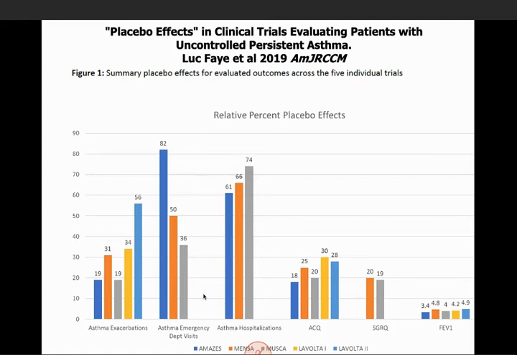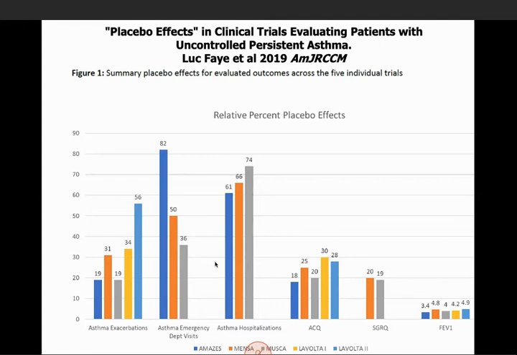You can see here when we looked at things like asthma hospitalizations, in 3 of those 5 studies in the center here, they were seeing benefits in the order of a two-thirds reduction in the numbers of patients requiring hospitalization for acute asthma, receiving placebo, but being in a clinical trial where they were trying to impact upon these kinds of outcomes.